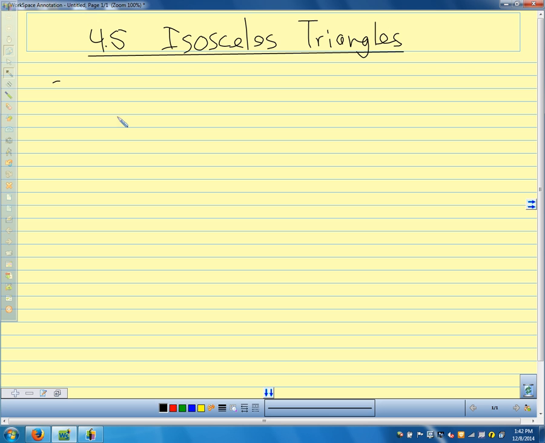Anybody have an idea of what we mean? You're thinking obtuse. Is it the one where none of the sides are the same? That's scalene, but you're on the right track. All the sides the same is equilateral. Isosceles has to have at least two sides the same.